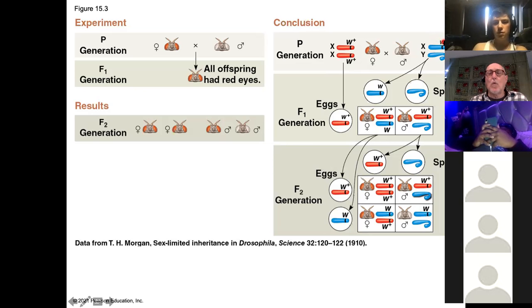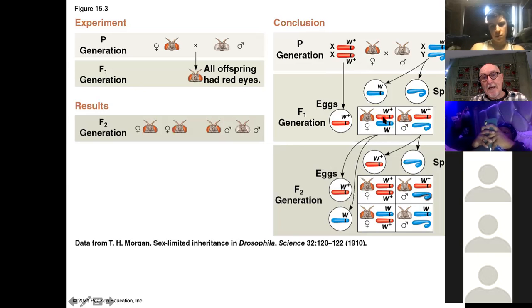I mean, I'm sorry, for the white eye, it's little w. That's the white eye allele there, little w. All that they can produce is little w sperm and Y, with no genes on it. Okay, so everybody here is going to be red-eyed, 50% male, 50% female, and all of them red-eyed.